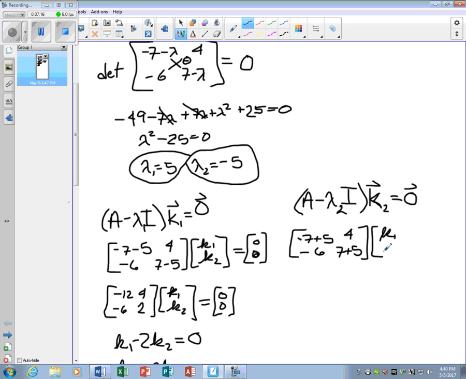Little k1, little k2. Okay, work through this. So we obviously get negative 2, negative 6, 4, 12. Throw our little k's in there. Sorry about the handwriting.